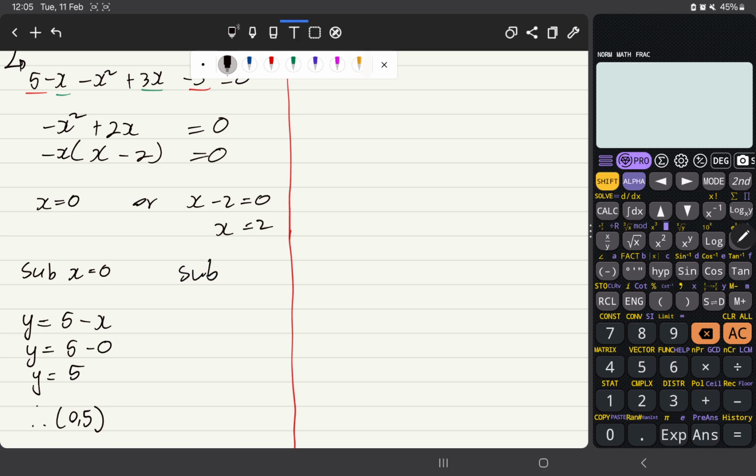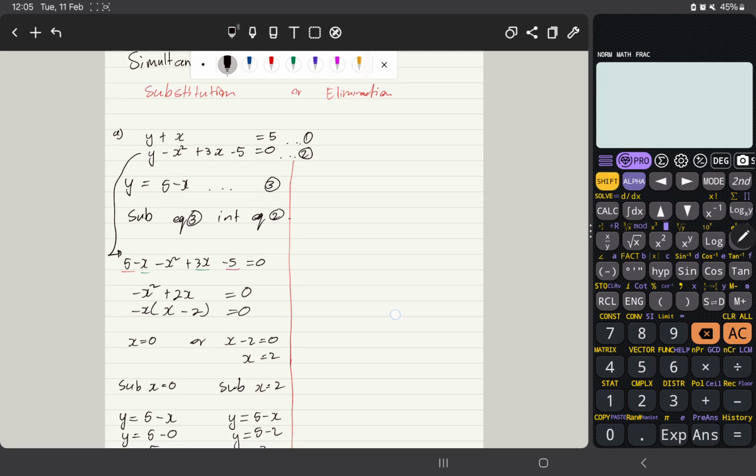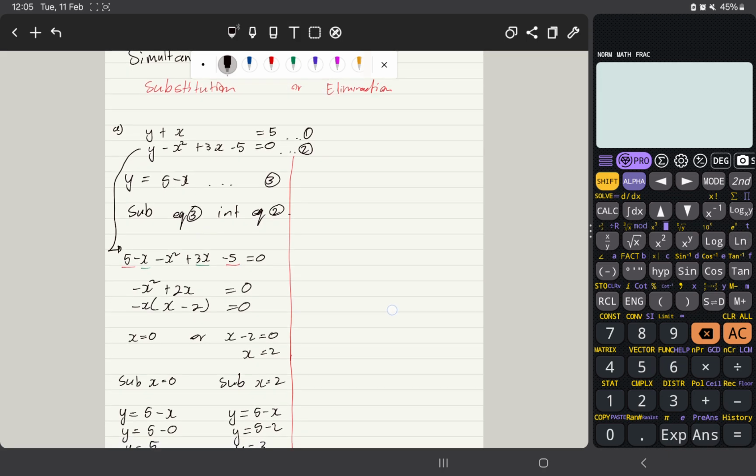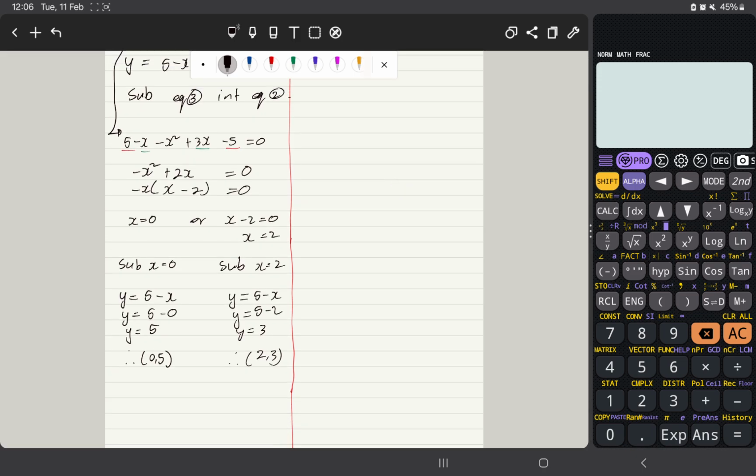Now here I'm substituting x equals 2. I have y equals 5 minus x, 5 minus 2, 3, and therefore I have 2 and 3. I believe I am done solving this problem. Yes. That's how we do the substitution method, right?